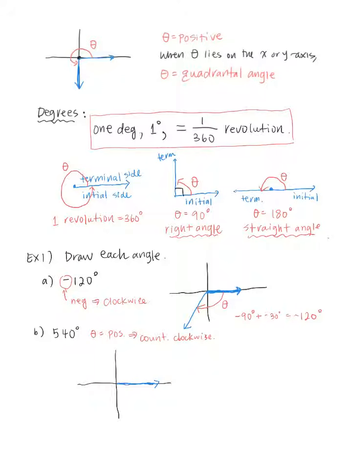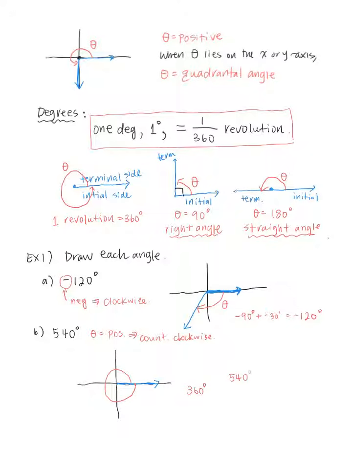First of all, one revolution is 360 degrees. So from here to here would be 360 degrees. But we need to get to 540 degrees. So from this point, how much more do I need to revolve counterclockwise?